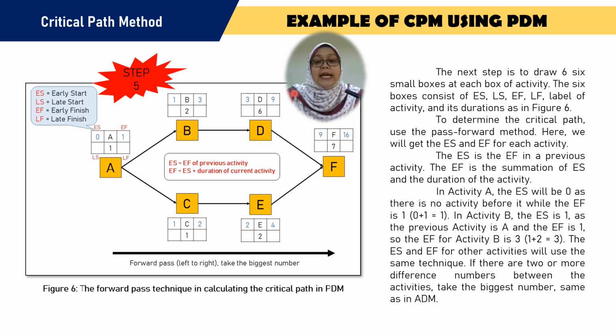The early finish of activity D is 9, and the early finish of activity E is 4. So we have to take the biggest number to make sure both activities are completed when we start activity F. So the early start for activity F will be 9, and we add the duration of activity F, and we get 16. So basically the total duration of this project is 16.